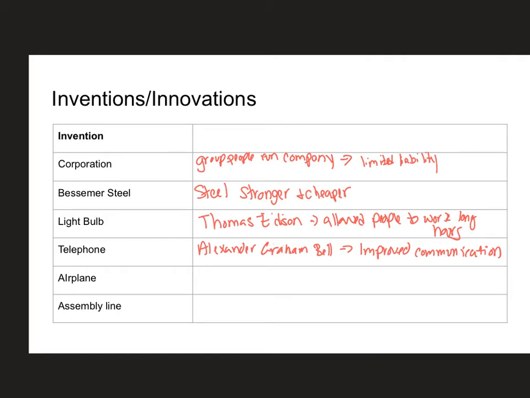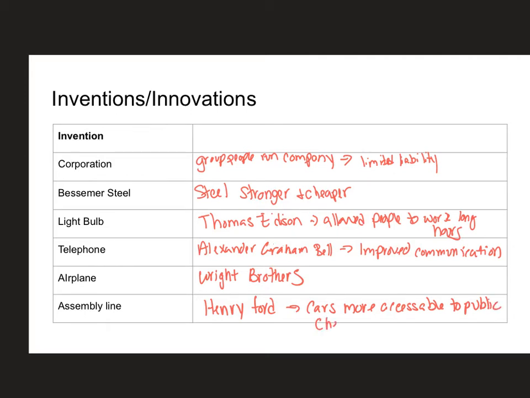Airplane was invented by the Wright brothers. And then we had the assembly line by Henry Ford, which made cars more accessible to the public because they were cheaper and easier to make.